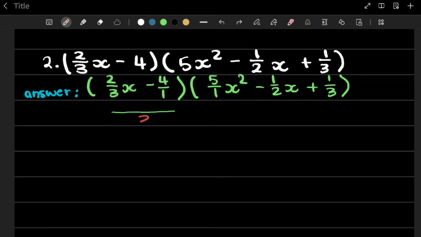It would be 3. Now you're going to say 3 divided by 3 gives you 1. 1 times 2 gives you 2. Just put down the x. Same thing, put down the minus sign, and you're going to say the same thing: 3 divided by 1 over here gives us 3. 3 times 4 over here gives us 12.